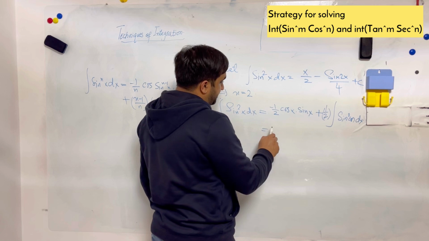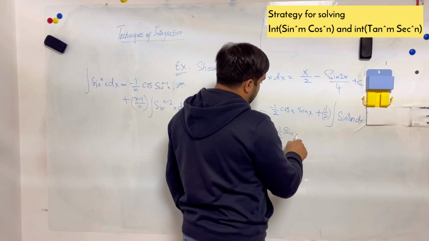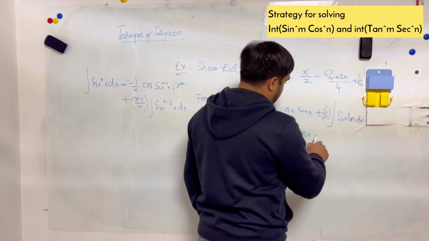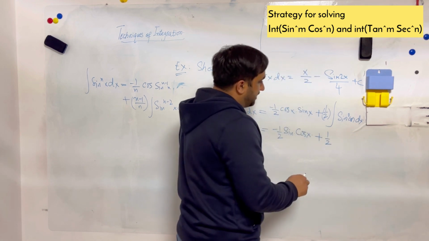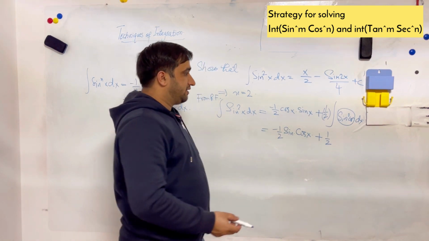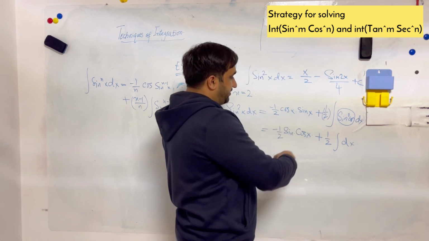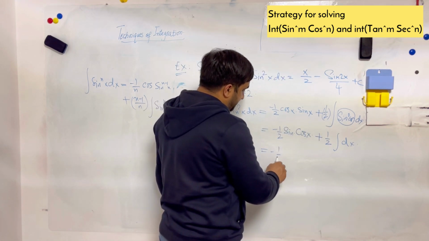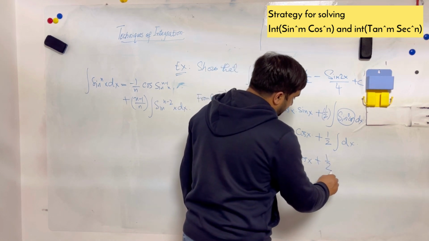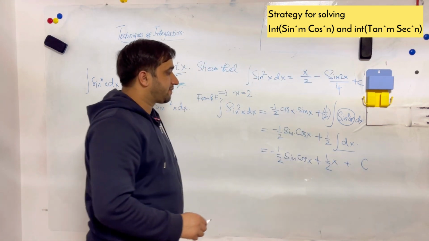So this is minus 1 by 2 sine x cos x plus 1 by 2. When something has a power 0, it is equal to 1. So this expression becomes 1, so it is integral of dx. And when you solve the integral, it becomes minus 1 by 2 sine x cos x plus 1 by 2 x plus constant of integration.